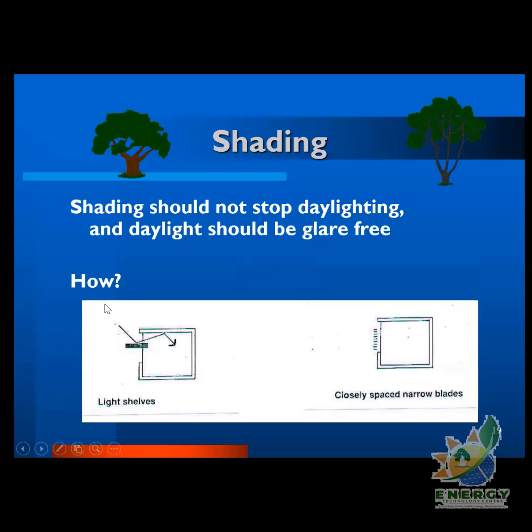Now, shading is also another aspect that you have to provide. You have these windows.